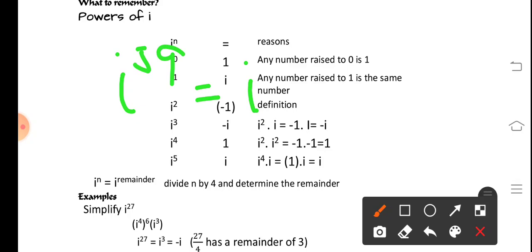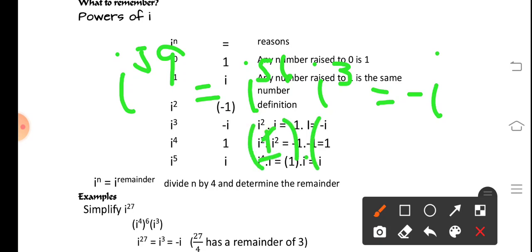So the remainder is 3. So the result is negative i.